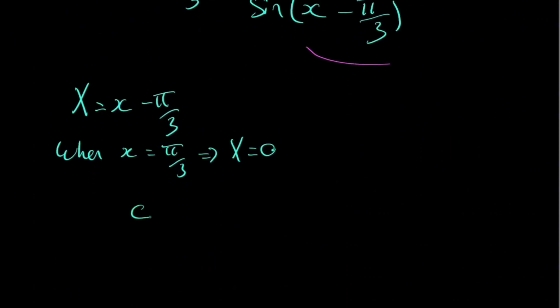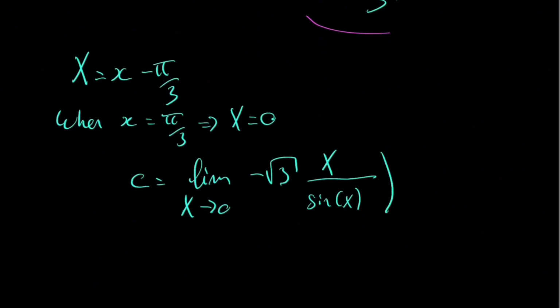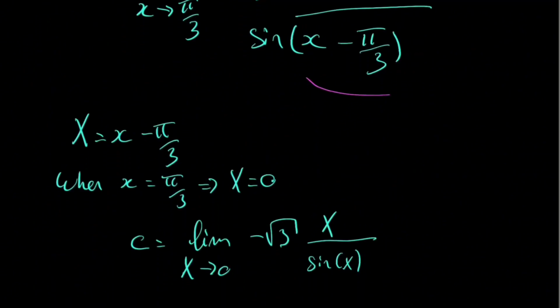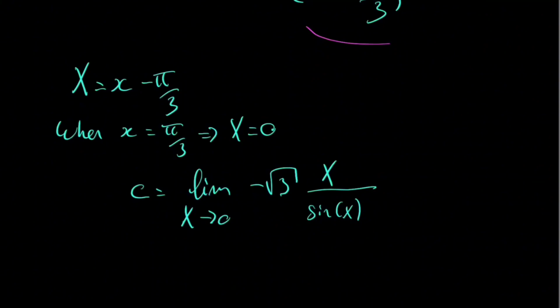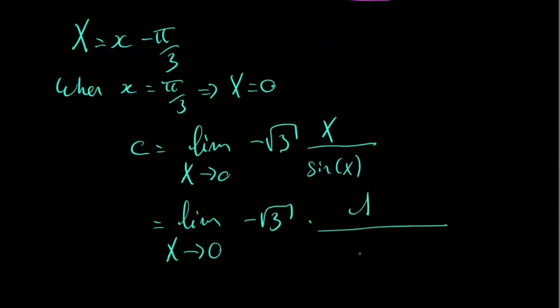And now we've got c is equal to the limit when capital X tends to 0 of minus square root of 3 times X over sinus of X. As we are not dividing by 0, because X is not equal to 0, it tends to 0 but is not equal, we can say that c is equal to the limit when X tends to 0 of minus square root of 3, as usual, times 1 over sinus of X over X.